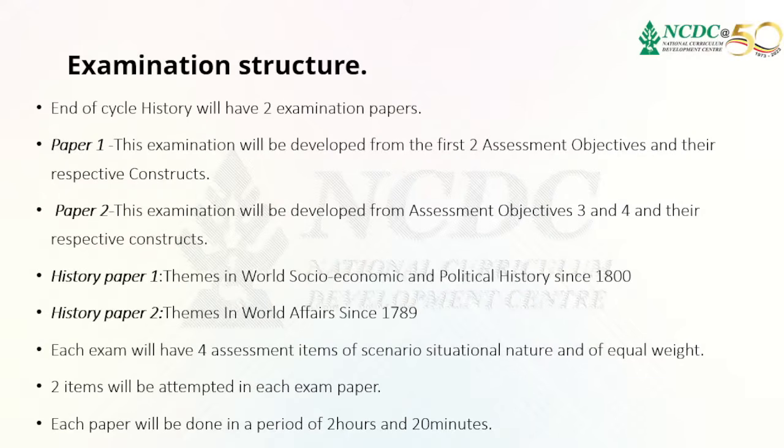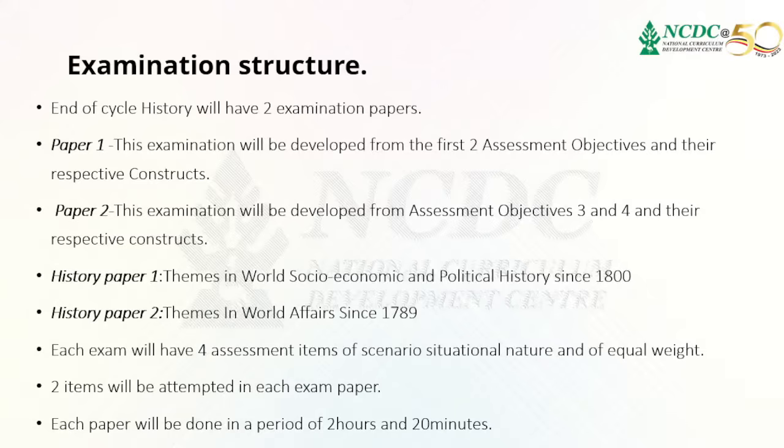Examination structure. This is how the examination will look. End of cycle history will have 2 examination papers. Paper 1 will be developed from the first 2 assessment objectives and their respective constructs.